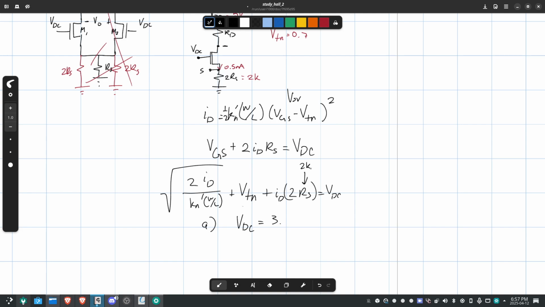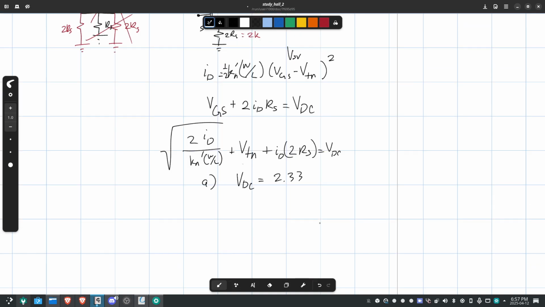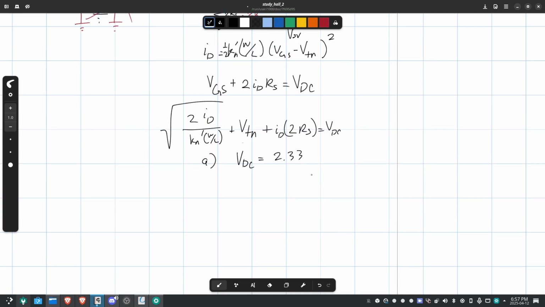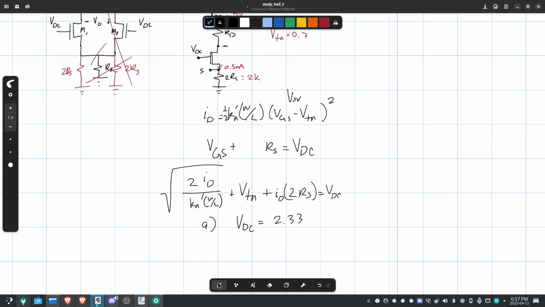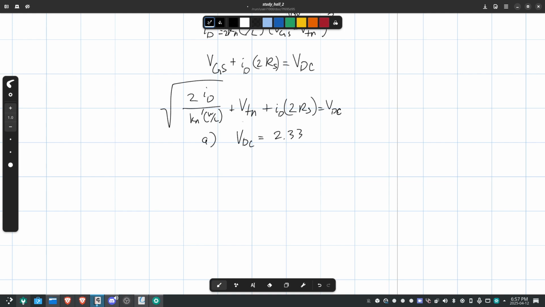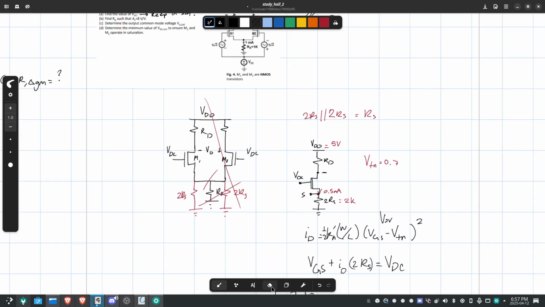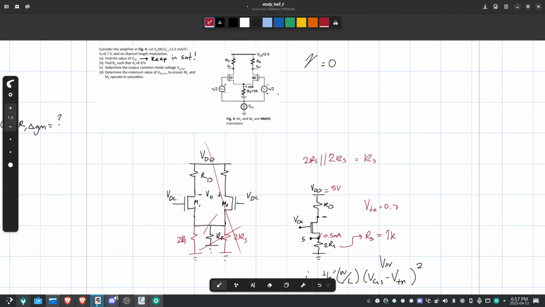I was putting 2K here. I don't know how to use a calculator, if you can tell. I was doubling up RS before I doubled it. Okay. 2RS VDC. That's our VDC. So, oops. Let me just write here because I confused myself. RS is 1K. That's why I just saw 2 and I just put 2 in my calculator. Don't do that.